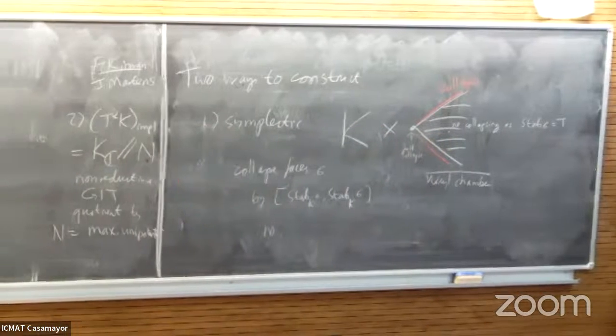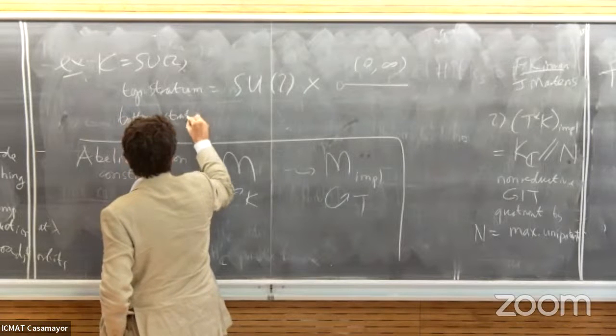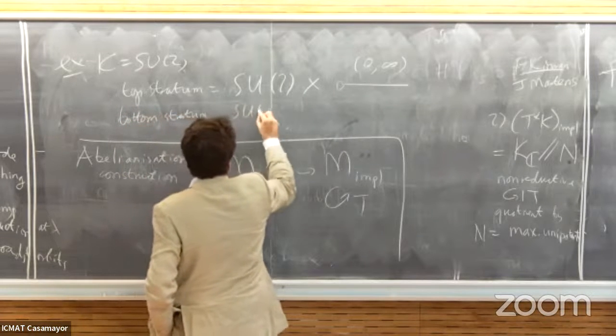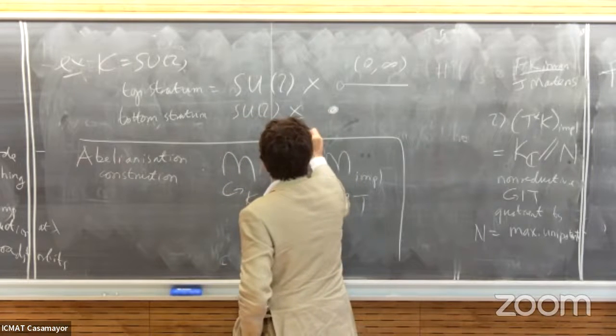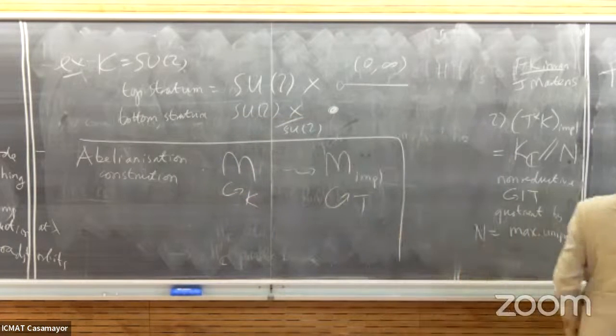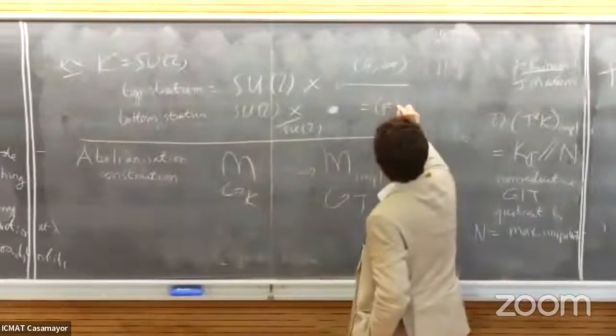And in this case, we only have one more stratum, which would be SU2 cross point. But then, of course, we're collapsing SU2, or at that green spot, equals the point.